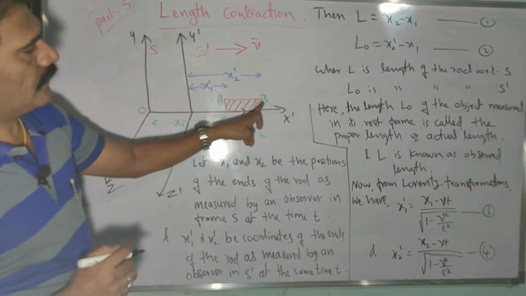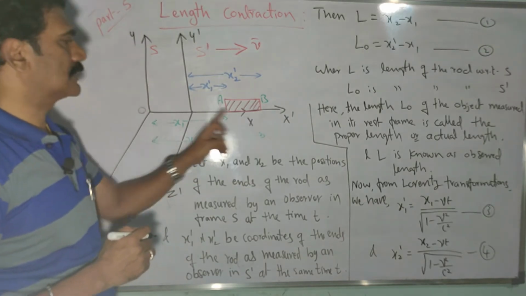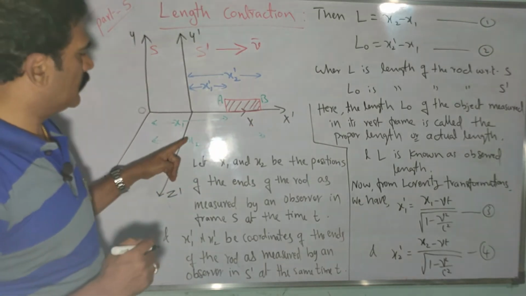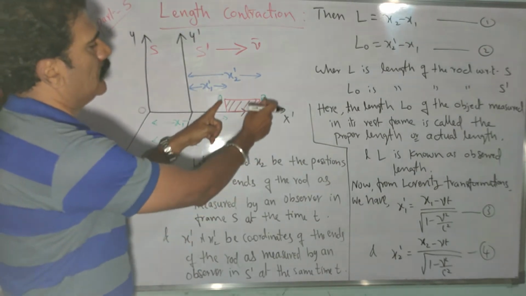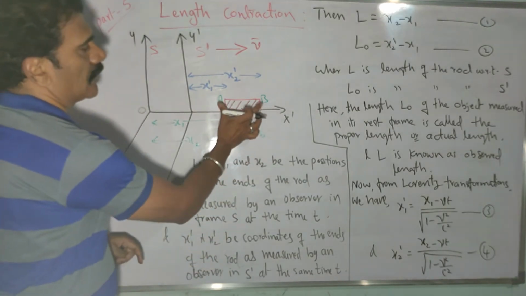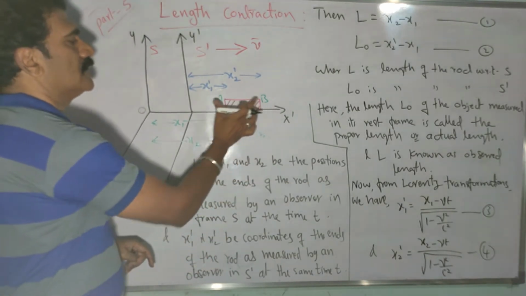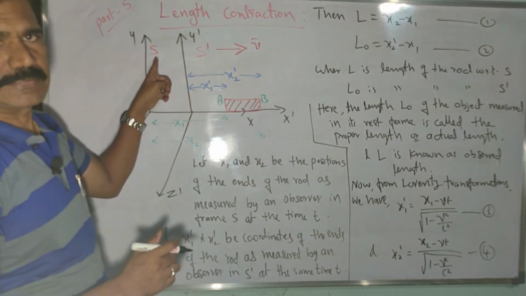And similarly the other end of the object is at position x2. Both are along the x-axis here, right? So the difference x2 minus x1 will be equal to the length of the object AB. I am considering a rod here, so the length of the rod AB is equal to x2 minus x1 with respect to frame of reference S.